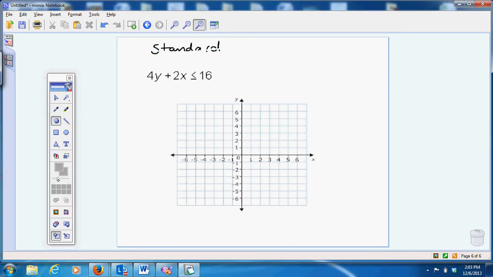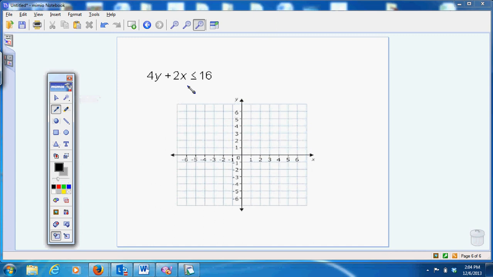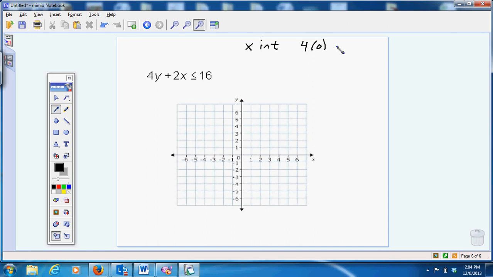If you recall the intercept method, what you do is you find the x-intercept and the y-intercept, you plot them, and you just connect the dots. And it's easy to find the intercepts because, remember, to find the x-intercept, we're going to make y equals 0 and solve for x.